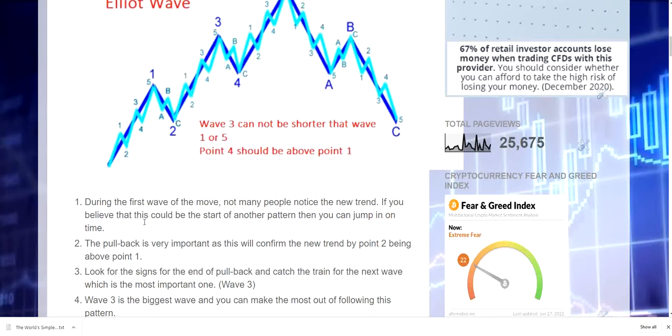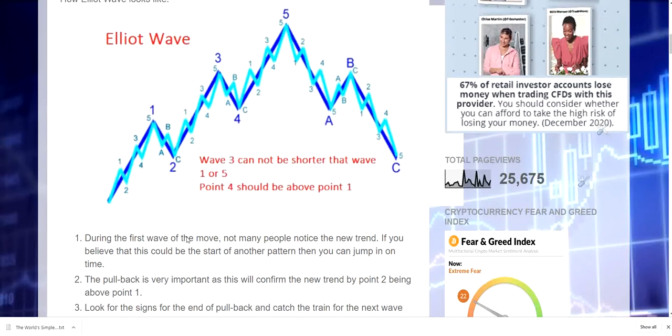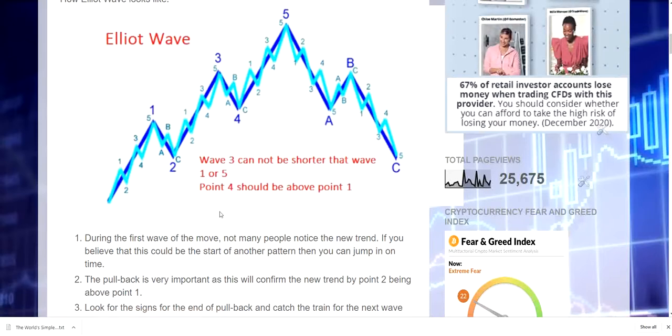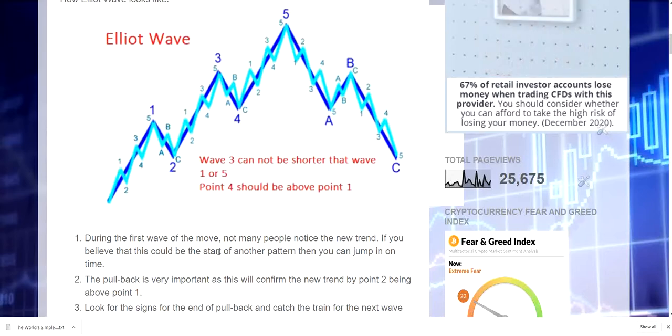So during the first wave of the move, what happens? Not many people notice the new trend. If you believe that this could be the start of another pattern, or based on your analysis, for example, you're using an indicator and it says this is a good point for trend reversal, then it's good if you know this pattern, and you can jump in on time.